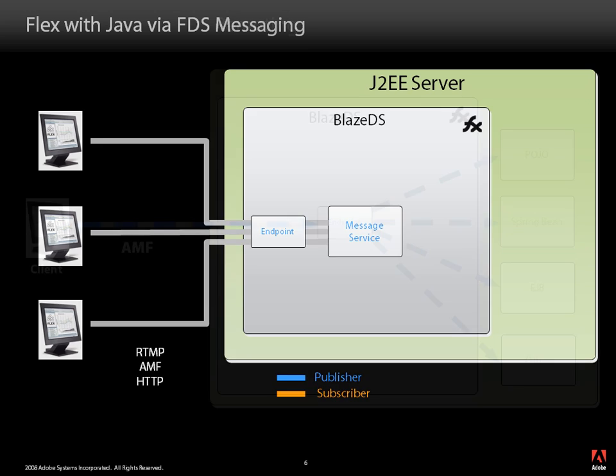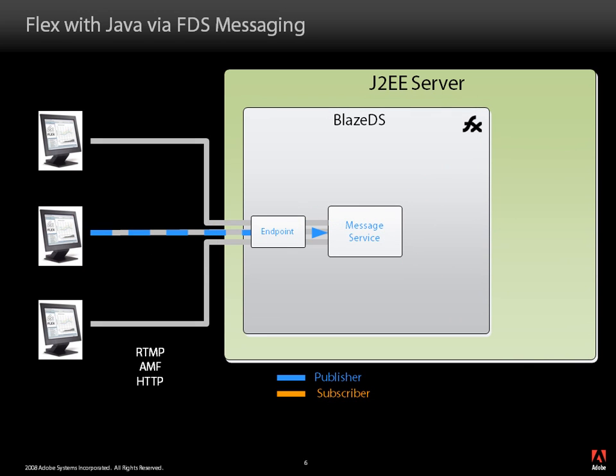So the way it works, the client sends a message to the message service. By default, the message service runs standalone. What that means is that it's only for Flex client to Flex client communication. And if you have some other messaging system, like JMS, you can attach the Flex message service to your JMS message service.